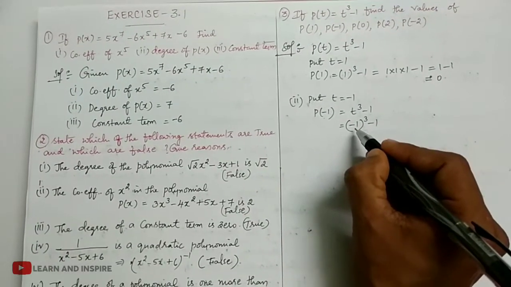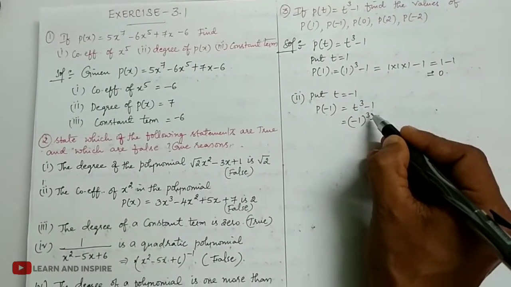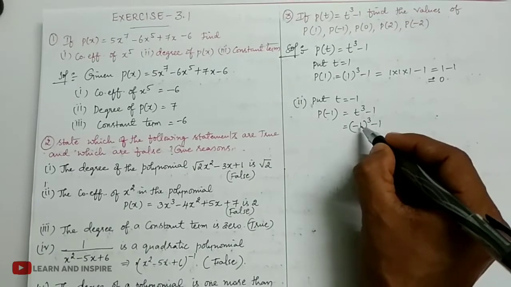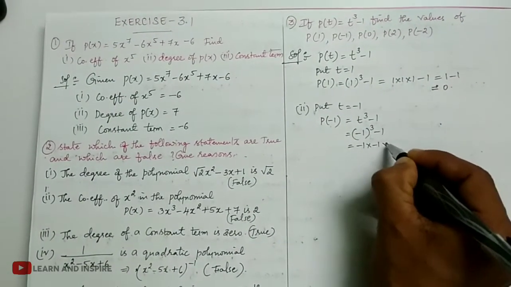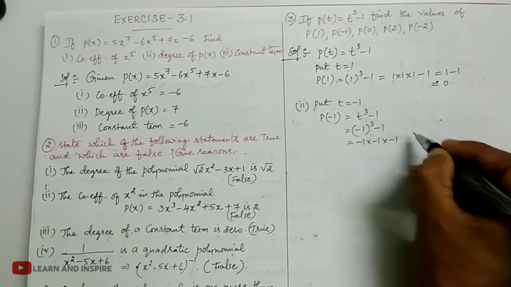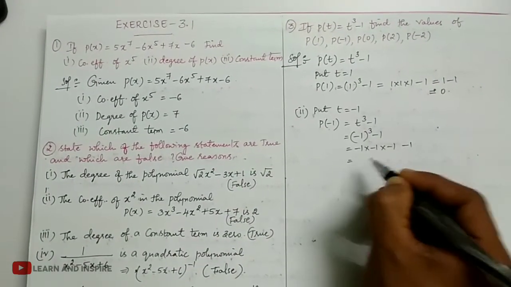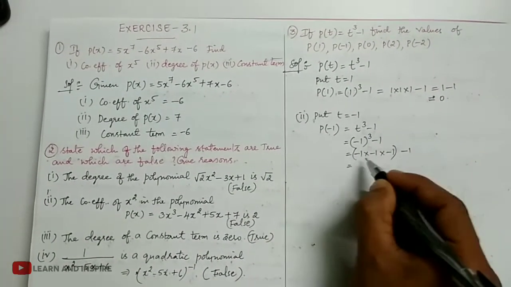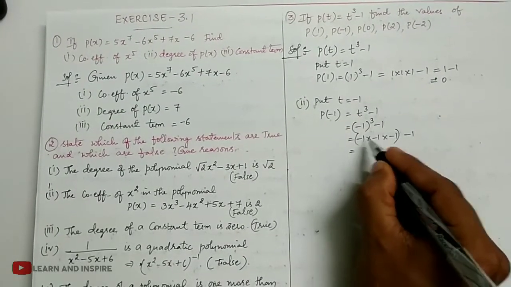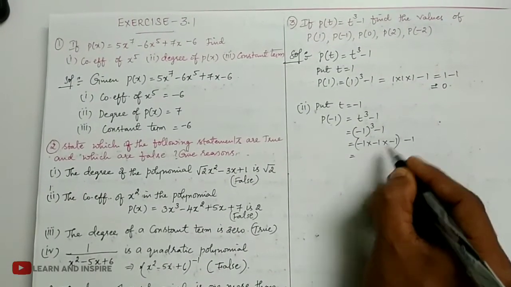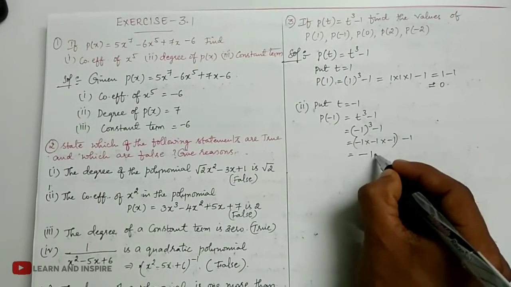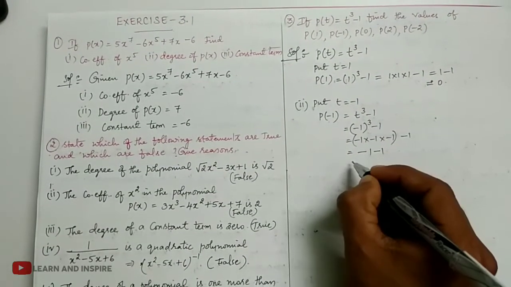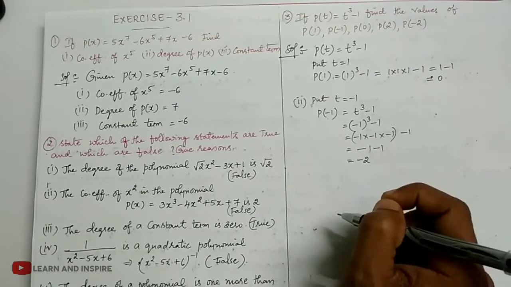Here minus 1 is multiplied 3 times, so we get minus 1 into minus 1 into minus 1. Minus into minus is plus, plus into minus is minus. If I multiply 1 three times, we get 1, and I write minus 1 as it is. Minus 1 minus 1 is minus 2.